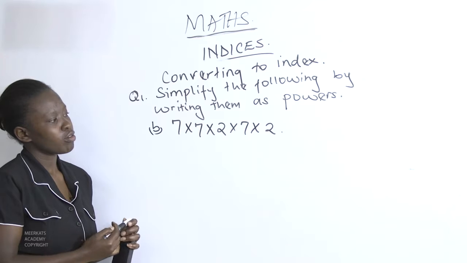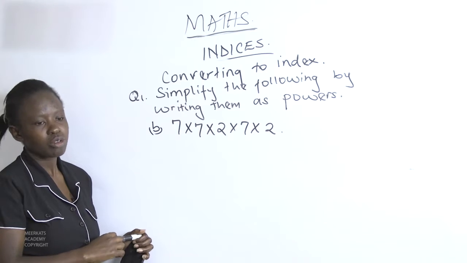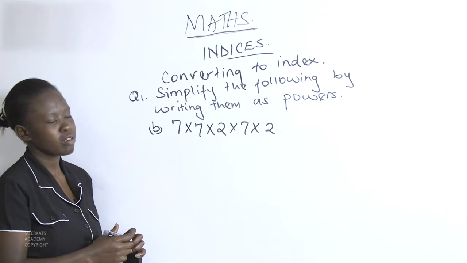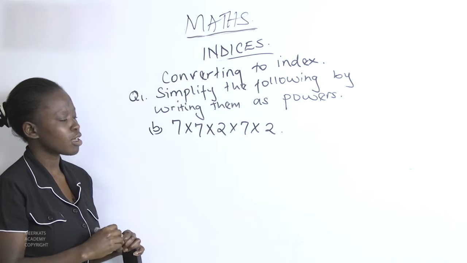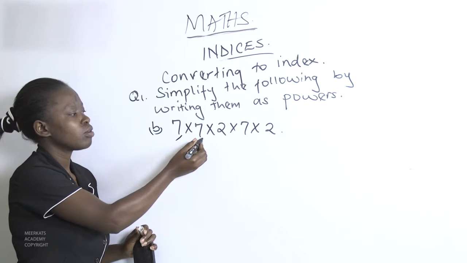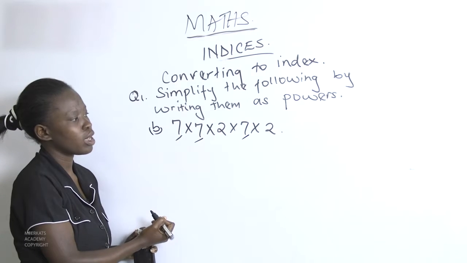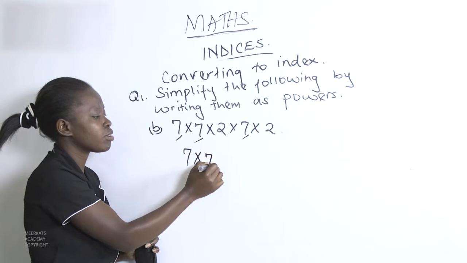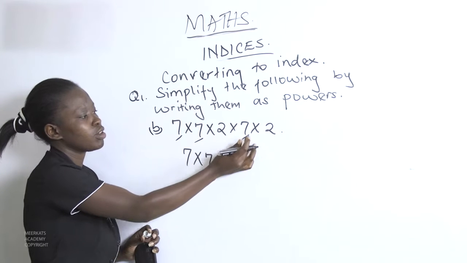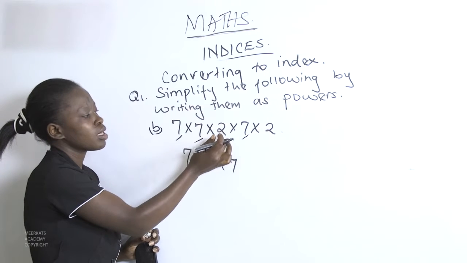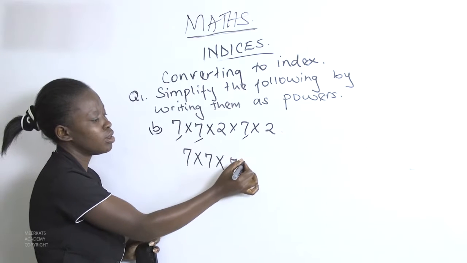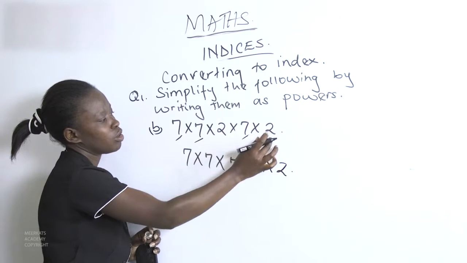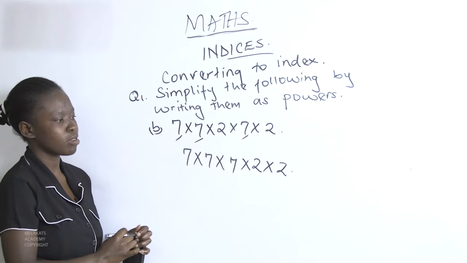So we have 7 times 7 times 2 times 7 times 2. In this sum, we need to find out which numbers are being repeated. So we discover that we have 7, we have 7, and we have 7. So I can rearrange my statement and have the repeated numbers such that I have 7 times 7 times 7. So I've catered for that 7. The next numbers that are being repeated are 2, so we write 2 times 2, and we discover that we've covered all the numbers in that question.